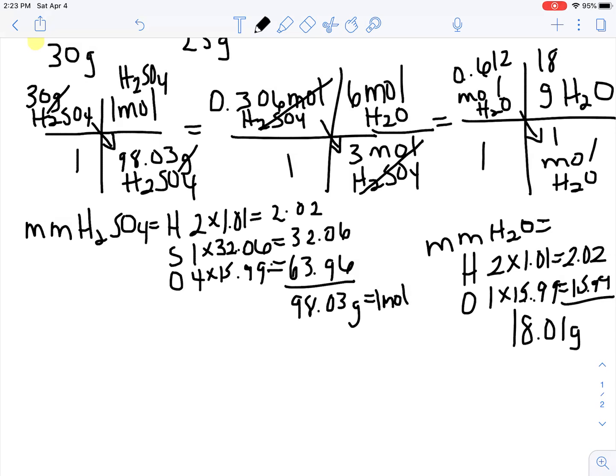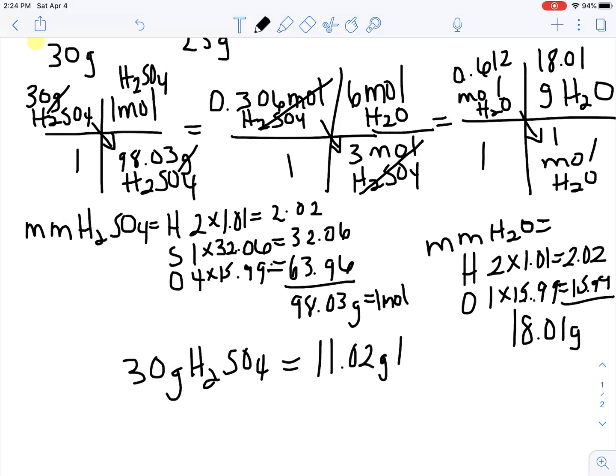So that's what's going to go here, 18.01. So our first answer for our T-charts, if we start with 30 grams of sulfuric acid: 0.612 times 18.01 gets multiplied, and we end up producing 11.02 grams of water. Now that's just the first part.